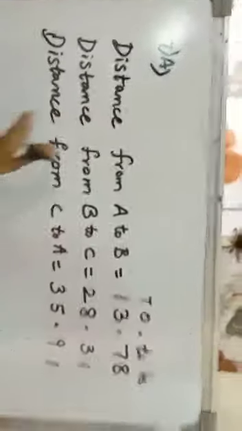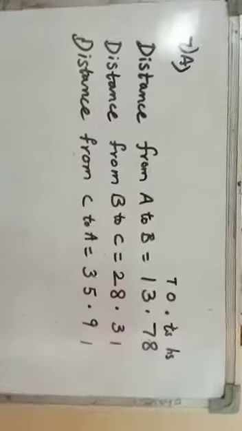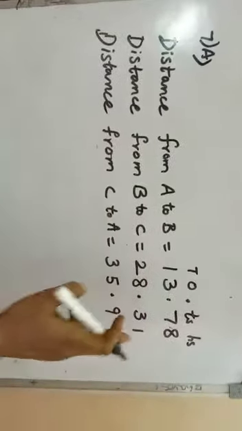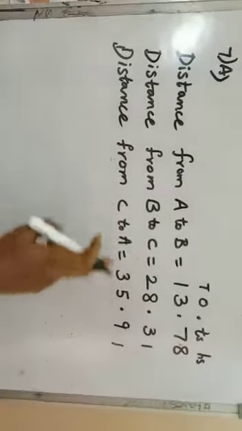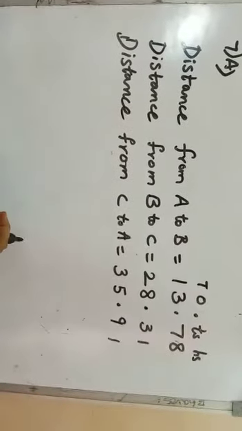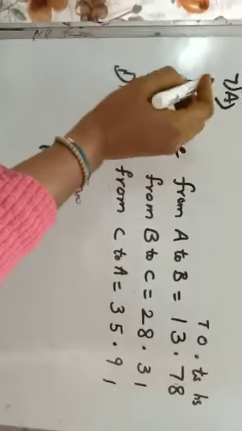Okay, distance from A to B 13.78, distance from B to C 28.31, distance from C to A 35.91. This is the data, children.